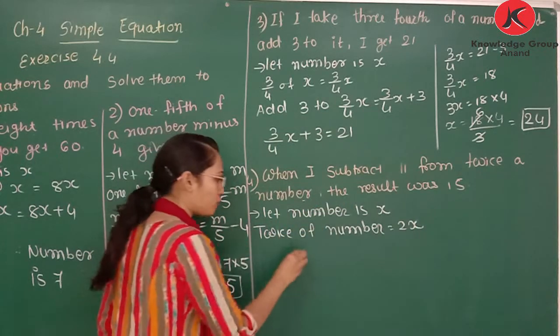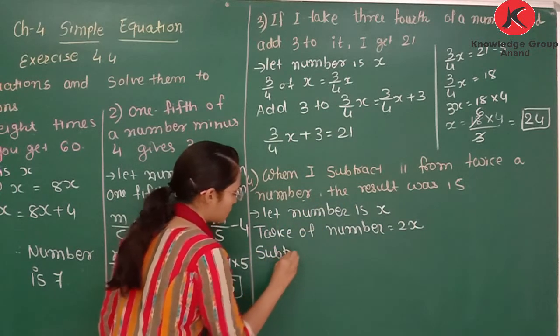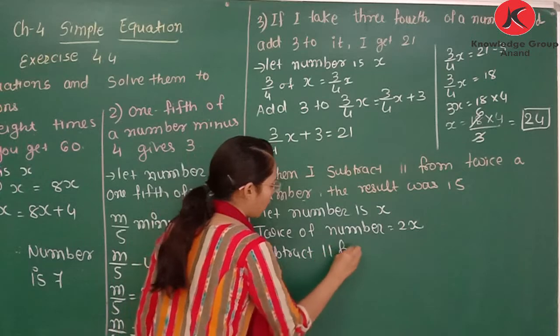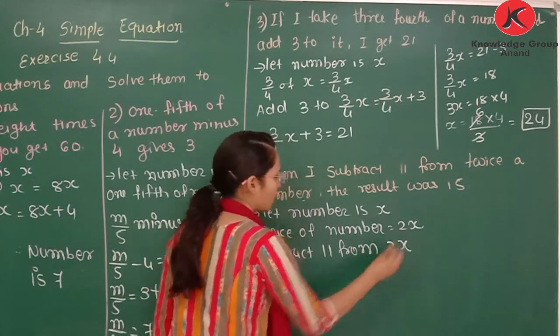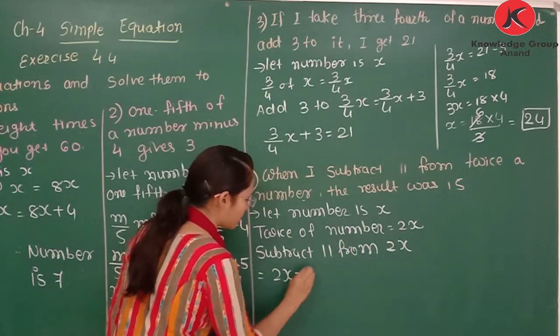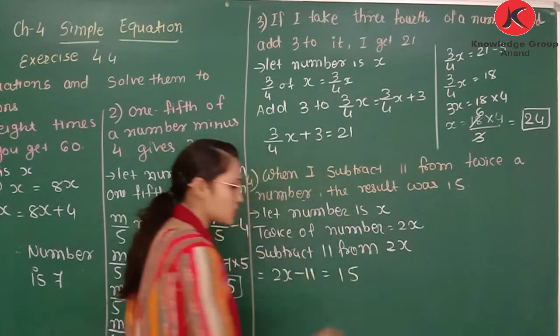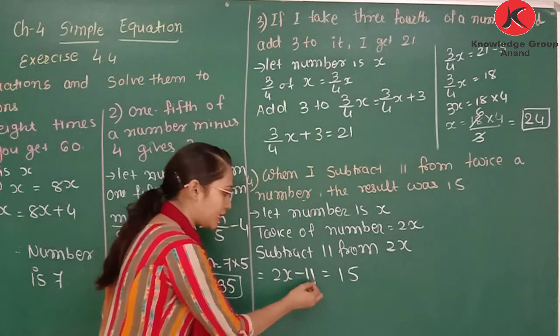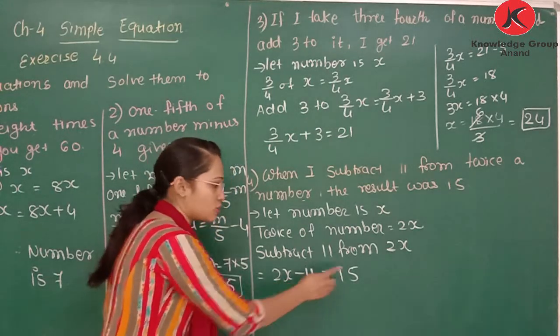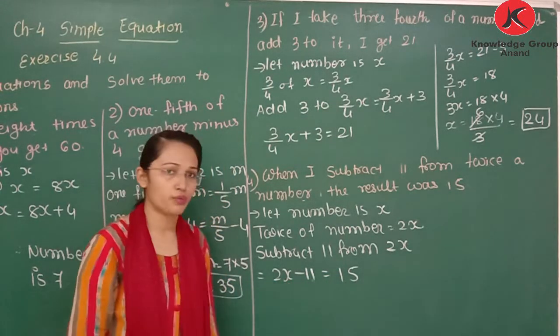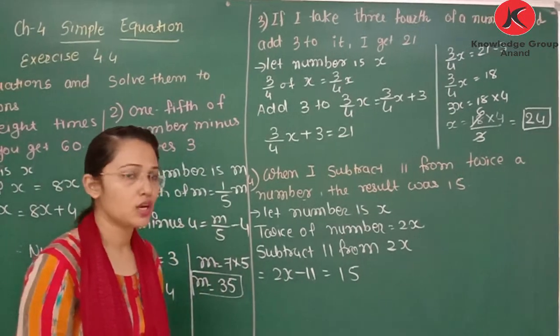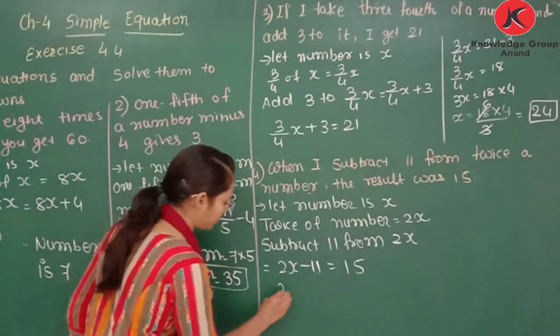Subtract 11 from 2x. Subtract 11 from twice the number, you will get 2x minus 11. The result was 15. Subtract 11 from 2 times x, you will get 15. To solve this equation, 11 is in subtraction, become addition on right side.